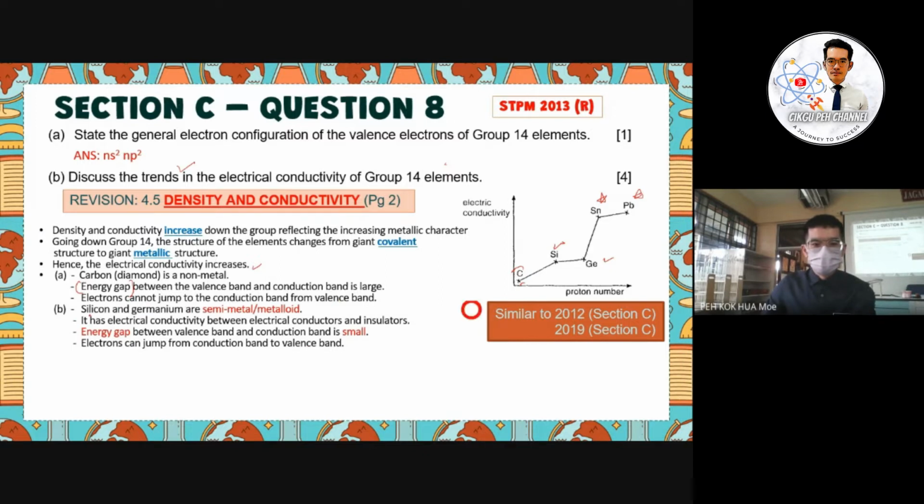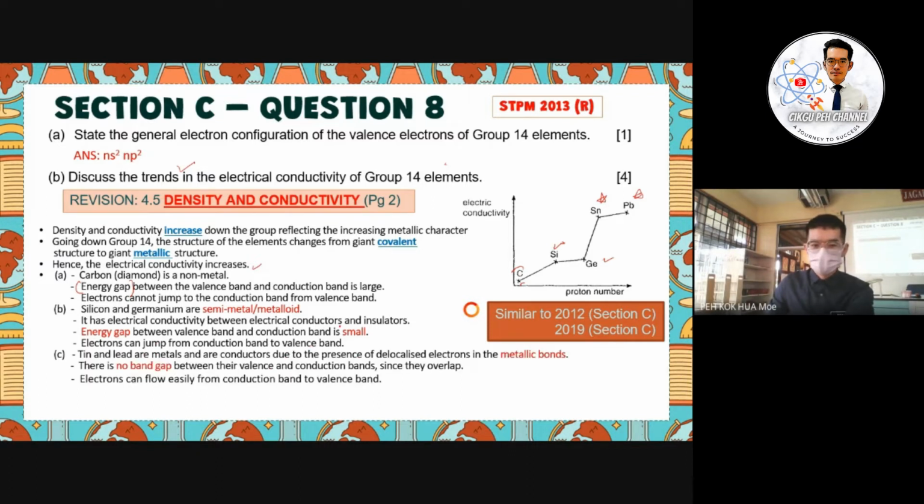Second are germanium and silicon, which are metalloids or semi-metals, so the conductivity is in between a conductor and an insulator. The energy gap between the valence band and conduction band is small, so the electron is still able to jump from the valence band to the conduction band. And the last one is lead and tin, which have metallic bonding because of the presence of delocalized electrons.